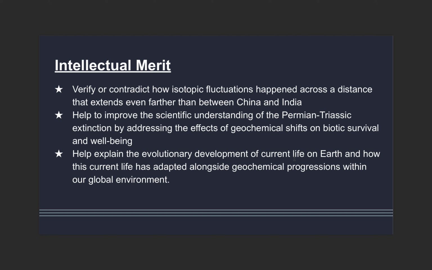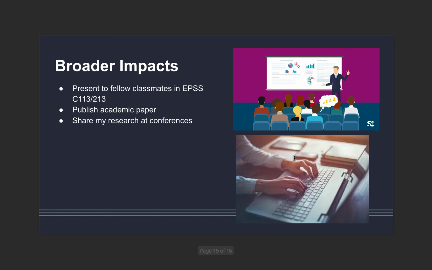Lastly, my research will help explain the evolutionary development of current life on Earth and how this current life has adapted alongside geochemical progressions within our global environment. For now, I plan to present my research to my fellow classmates in this geochemistry course.